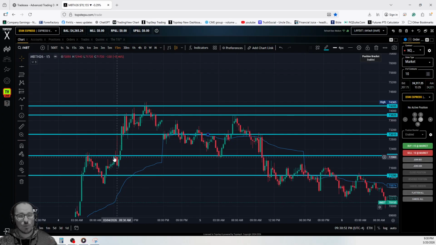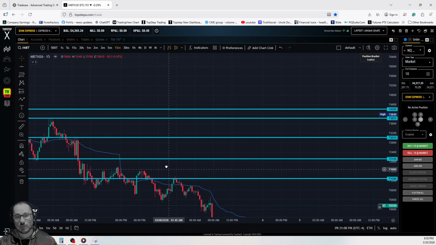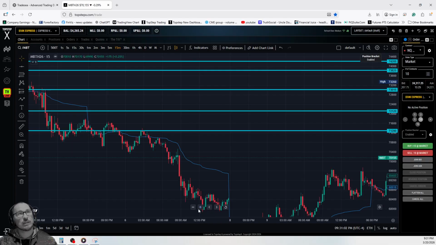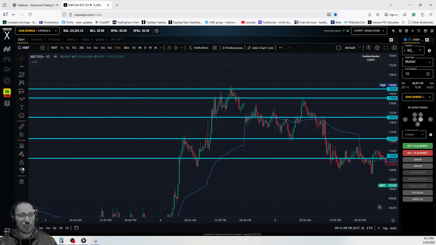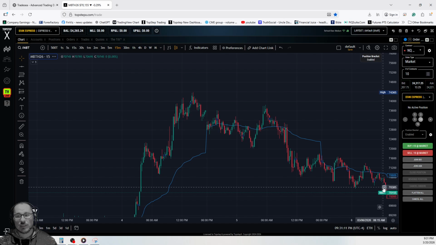So now, if this resistance was valid, and we're basically creating resistance confirmed inside that resistance zone, what's next? More selling pressure to the downside. We never made a new high. So for me to see sells, I'm looking at this specifically.